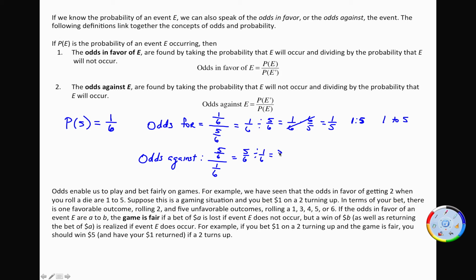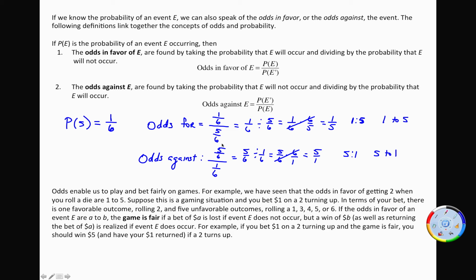And to divide fractions, we make it multiplication and use the reciprocal of the second one. So we have 5 to 1. Notice that once we had the odds that it would occur, we also had the odds against that event occurring. They can be found by reversing the ratio representing the odds in favor of the event.